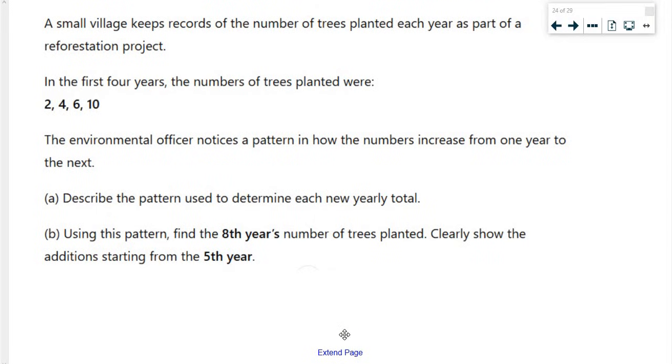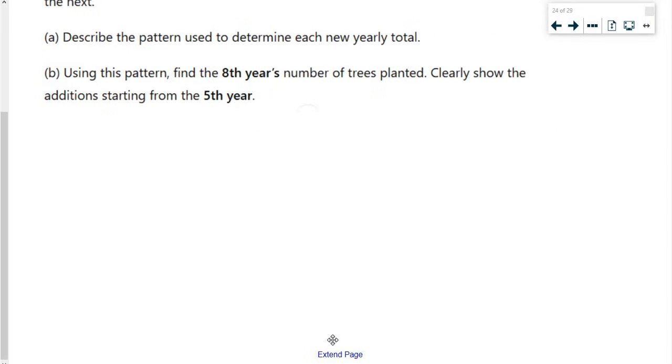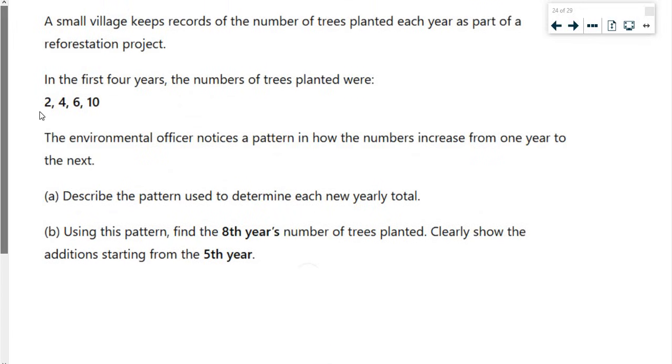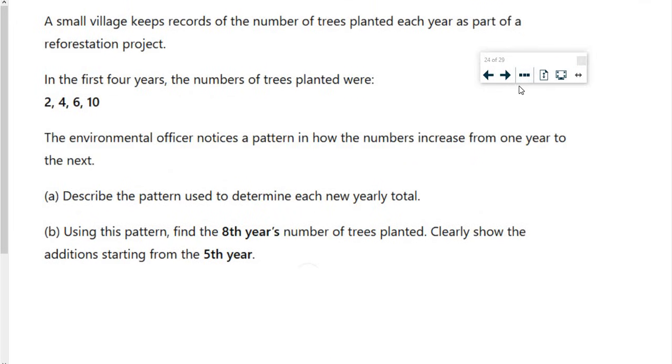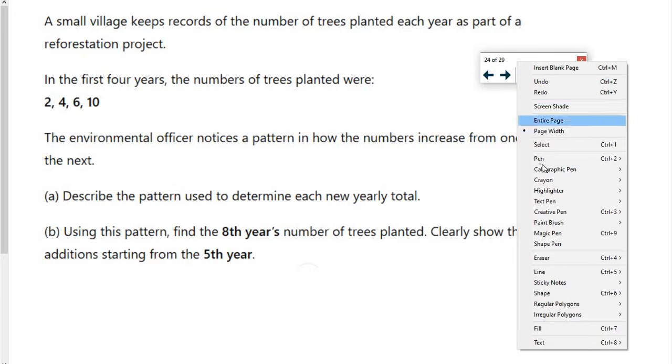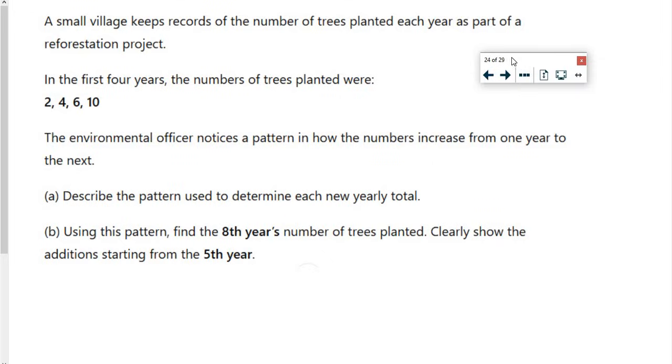Next question. A small village keeps records of the number of trees planted each year as part of a reforestation project. In the first 4 years, the number of trees planted were 2, 4, 6, 10.